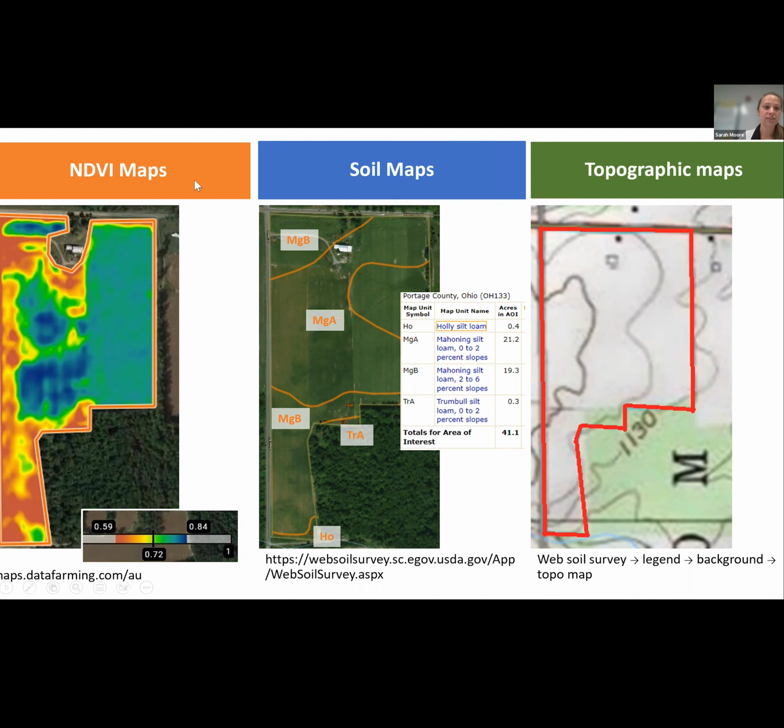For example, NDVI maps. NDVI maps show the greenness, the growth and productivity on your fields on any given day.